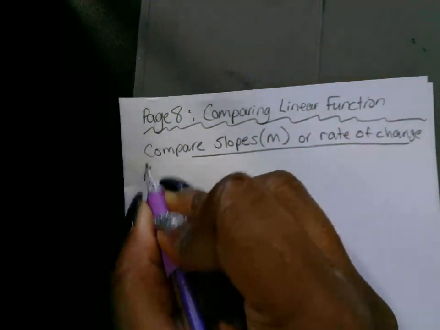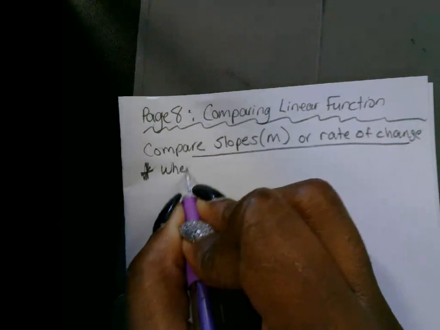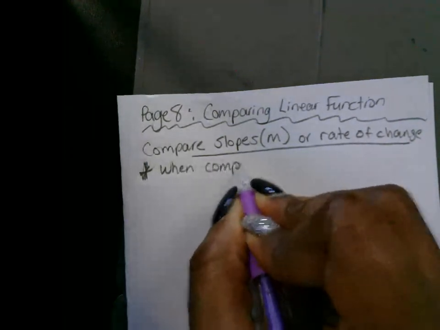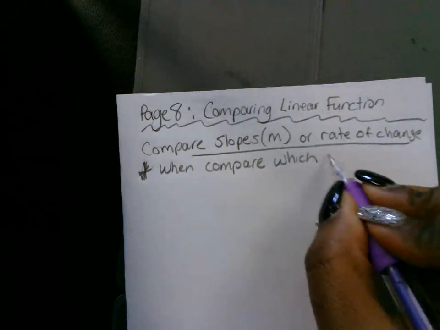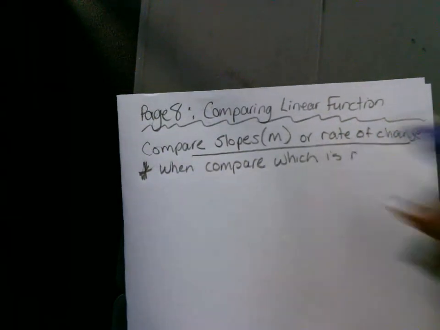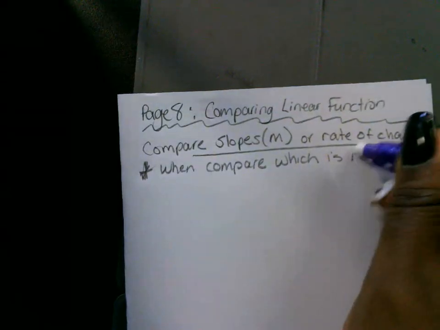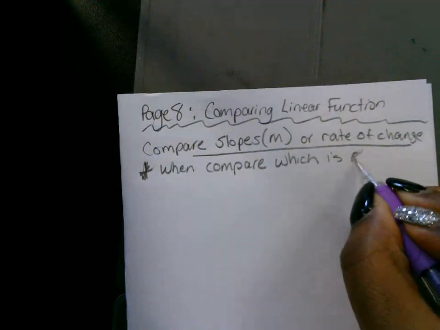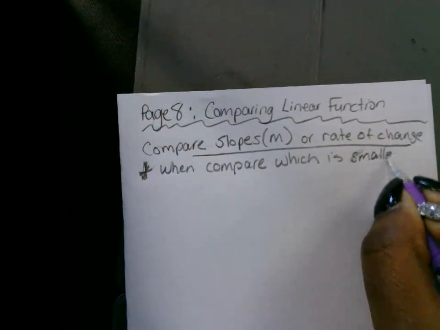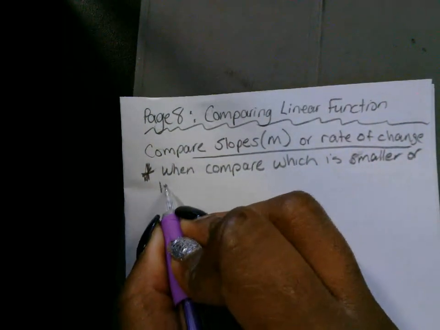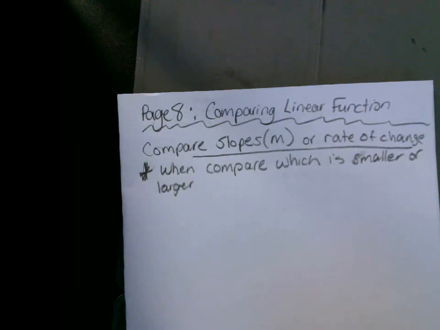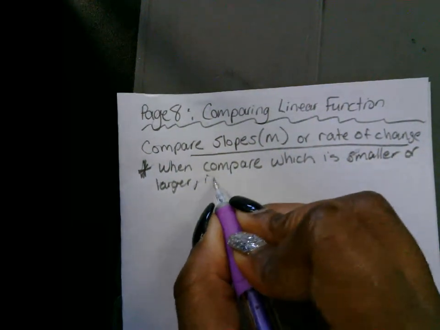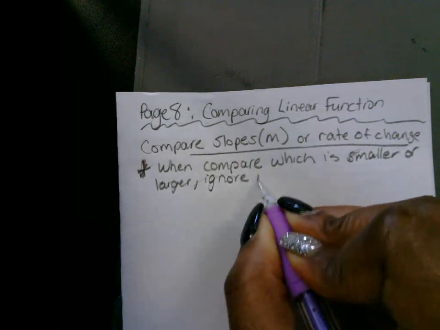So we're going to put an asterisk here, and we're going to write: when comparing, or when comparing which is smaller or larger or greater (we're going to use the word larger for right now), ignore the negative sign.